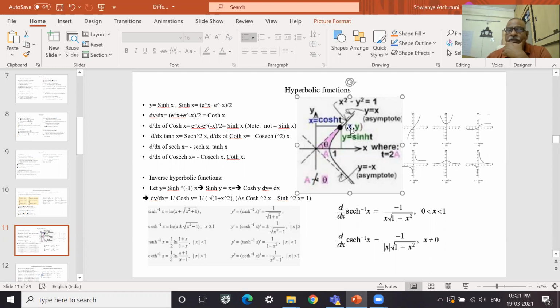So cosh square x minus sinh square x is 1. This is how the point on the hyperbola is defined. These are the asymptotes: y is equal to x and y is equal to minus x. These are the asymptotes of the hyperbolic function.